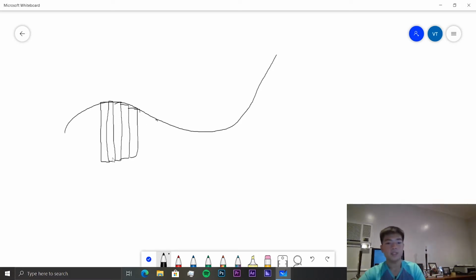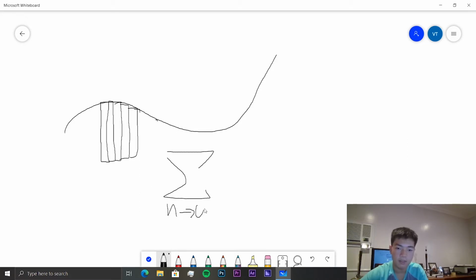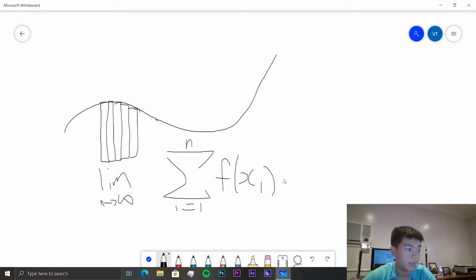And if we have even smaller and smaller widths, in other words, more and more rectangles, where the number tends to infinity, this should be the limit as the number tends to infinity of the sum from i equals 1 of each rectangle's area, which we can find by taking the function at that point times the change in x.